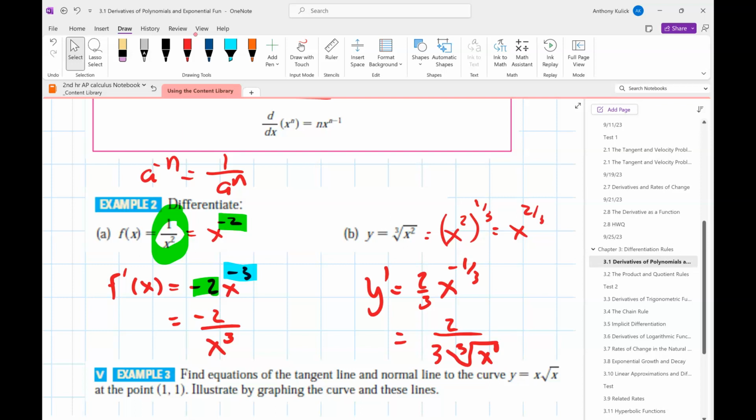Minus 1 is technically minus 3 over 3, so that's why it's negative 1/3. I subtracted 1 from 2/3. 2/3 minus 1 is negative 1/3.